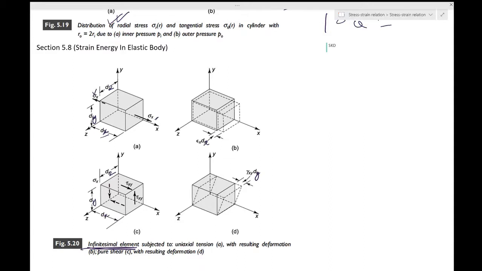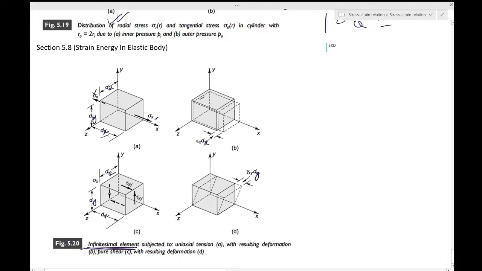So 5.20b tells you about the corresponding deformations, and clearly you have sigma x, so you will have epsilon x, a linear strain, and because of this elongation in the x direction, you will also have a contraction in the lateral directions, meaning in the y and z direction, and that is also demonstrated by these dotted lines over here.